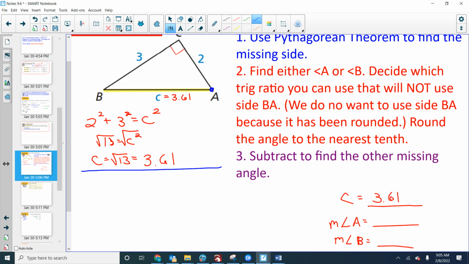So let's write a ratio using tangent since we're trying to find angle A. The tangent of A. The tangent of A is what over what? 3 over 2 or 2 over 3? 3 over 2.